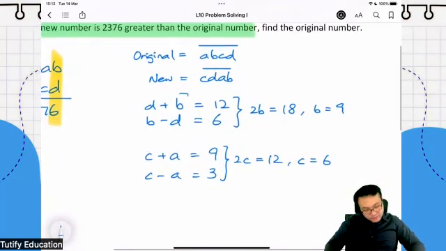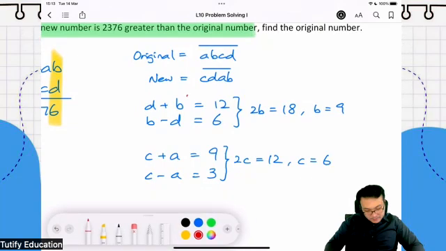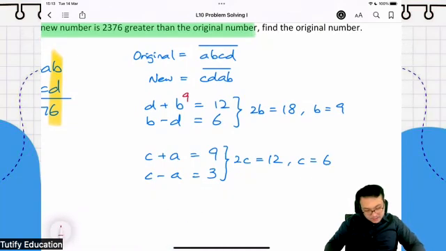Now, how do you find your A? You already know that B is 9, and D is 3. Then you already know that your C is 6, right? A must be what? 3.